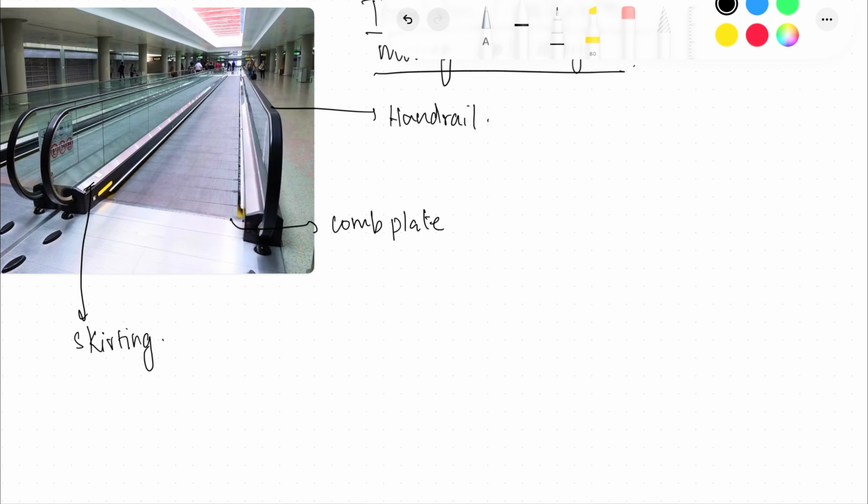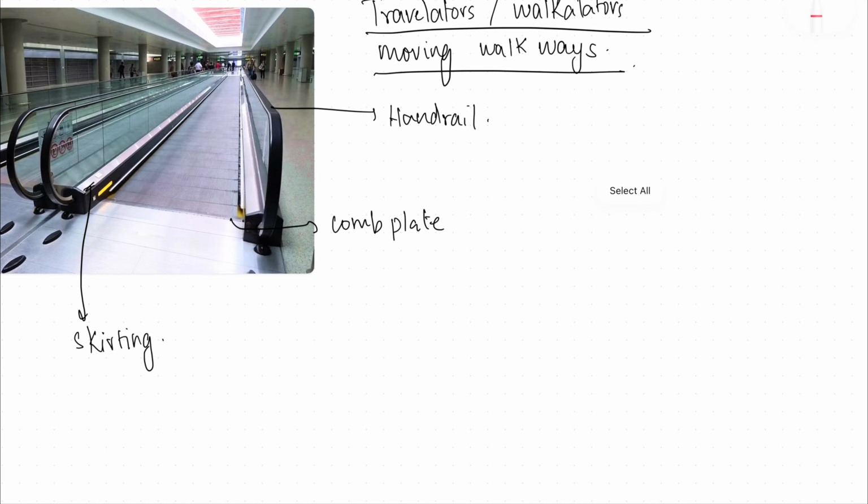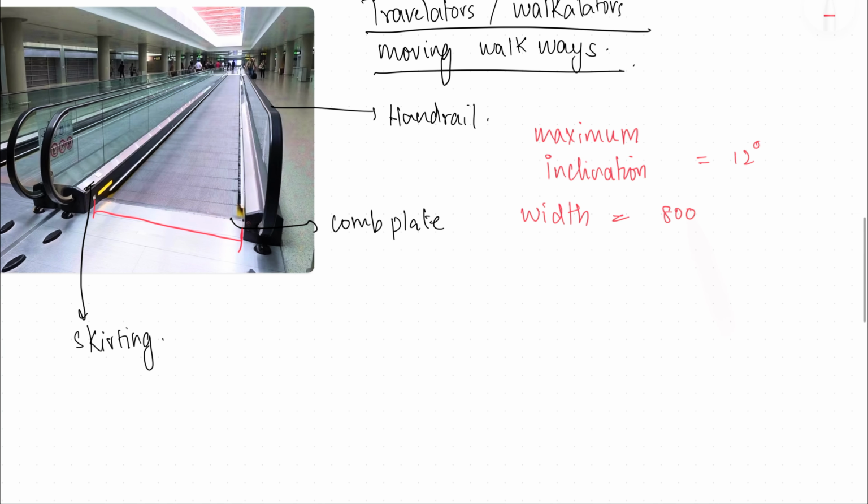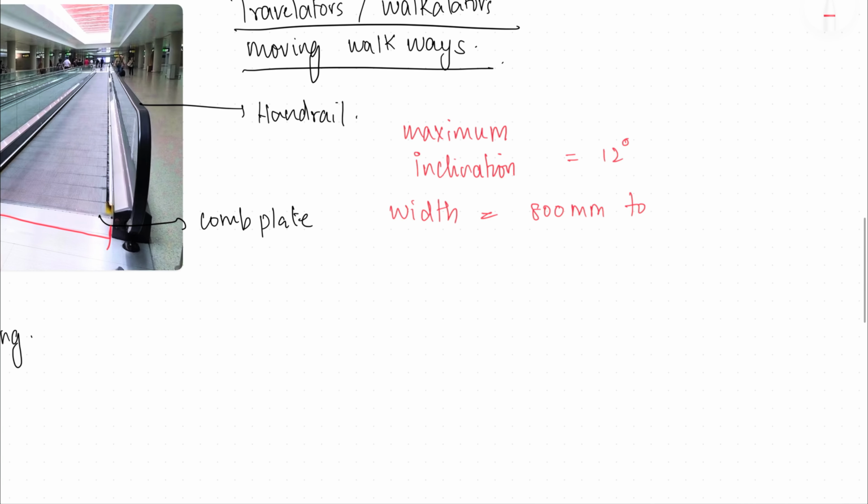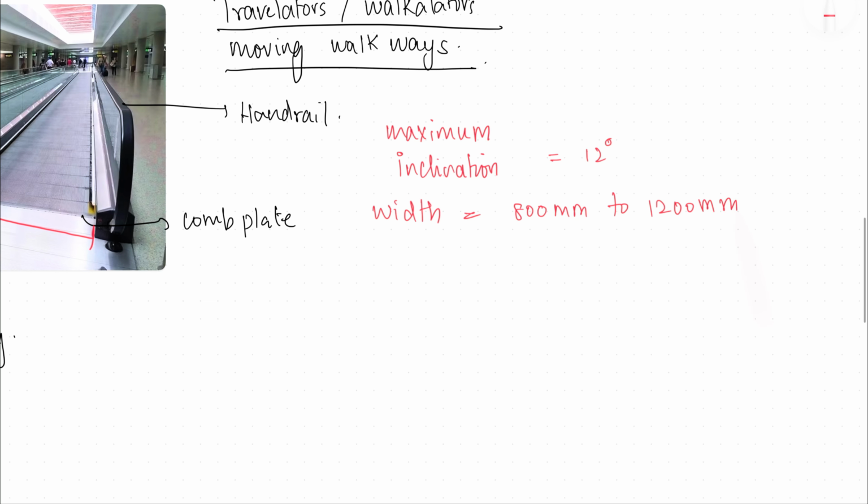But sometimes they can also be inclined. In cases of inclination, the maximum angle should be 12 degrees. Your width can range from 800 mm to 1200 mm, and your speed can range from 0.5 meter per second to a maximum of 0.75 meter per second.